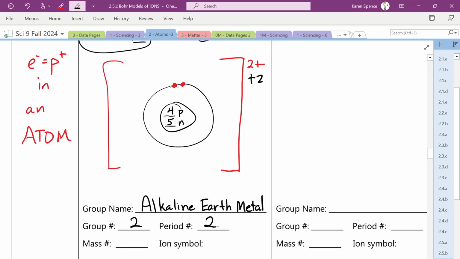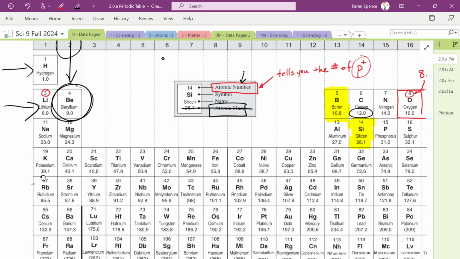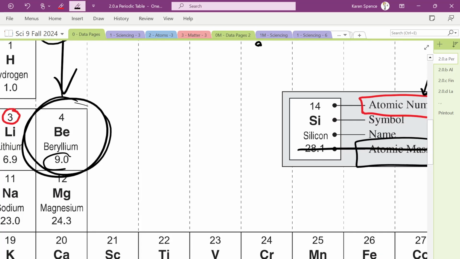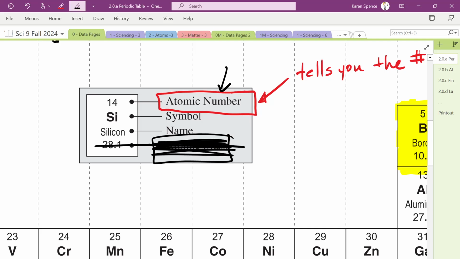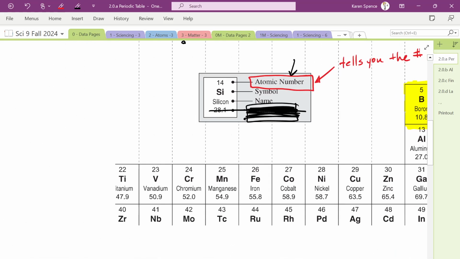Now, people get excited about the mass number and they look on their periodic table and they want to write 9.0. Don't write 9.0. Remember this number right here? Do you see how I've got it crossed out? Don't use it. It's going to be the atomic number plus the neutrons.